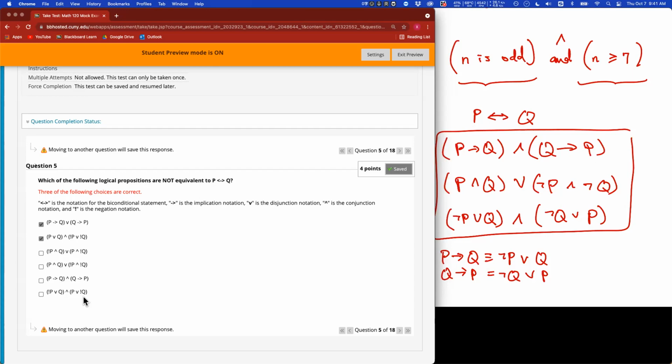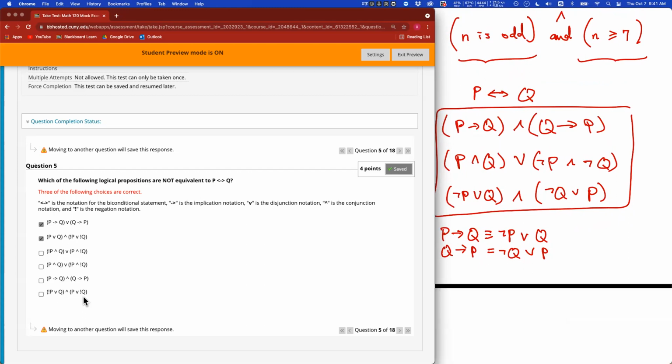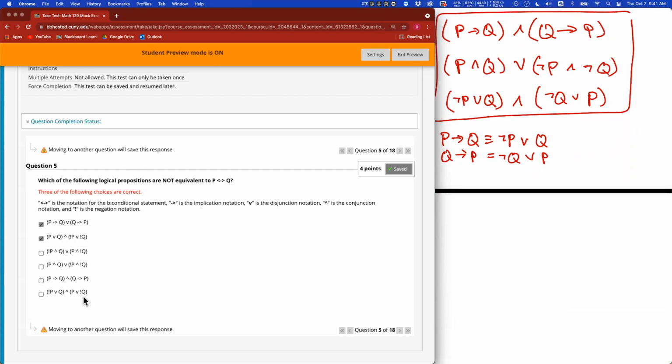So we just show that not P or Q and not Q or P is true.